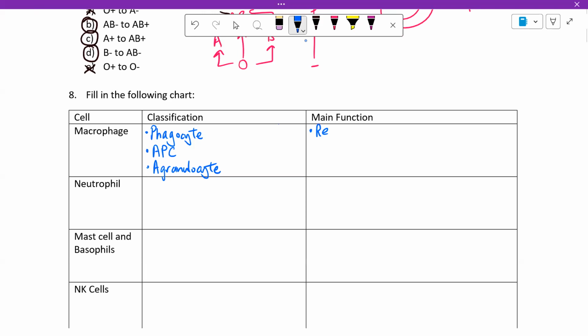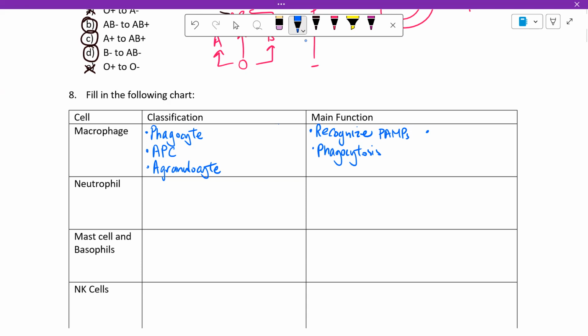So macrophages recognize PAMs on pathogens, and then they are able to perform phagocytosis. If you forgot what PAMs are, these are groups of chemical signals found on pathogens, right? Pathogen-associated molecular pattern.